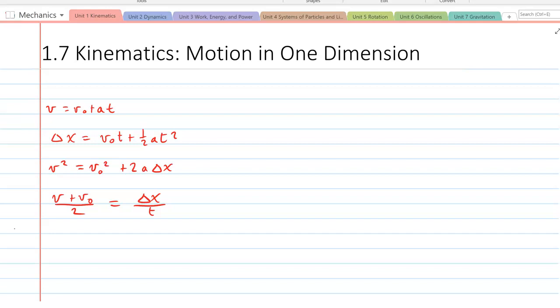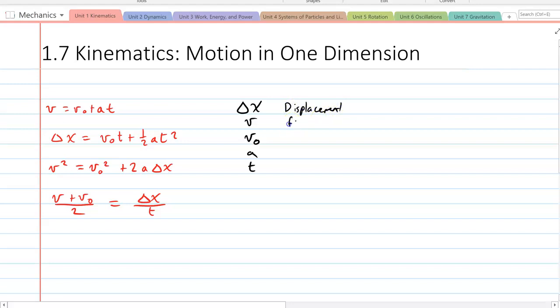But the basic idea here is there are 5 variables that we want to keep track of. We want to keep track of the displacement, the velocity, the initial velocity, the acceleration, and time, right? So let me just write this. This is displacement.